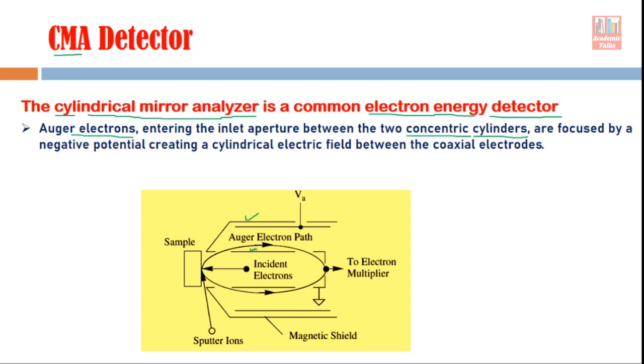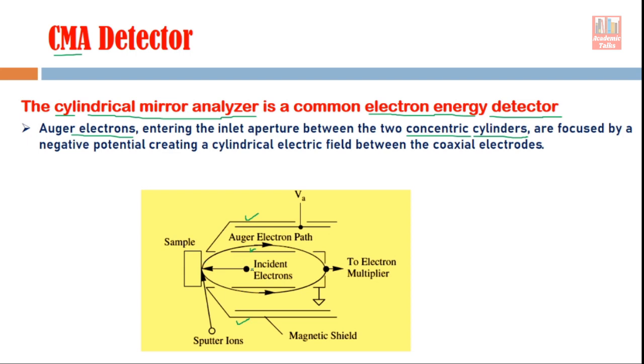I am marking it with this green color: this is the first cylinder and this is the second cylinder, but they are concentric. One wall of the first cylinder is here, the second here, and in the case of the second cylinder one portion here and the second portion here, and you can see the center of these two cylinders lies here on this imaginary line.